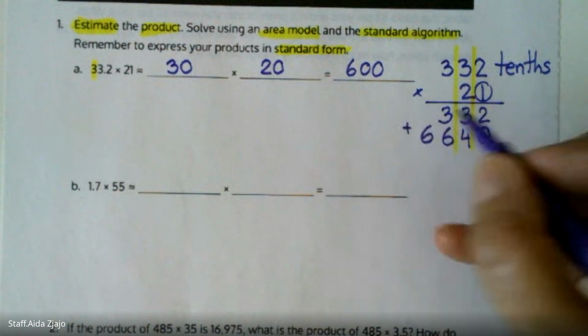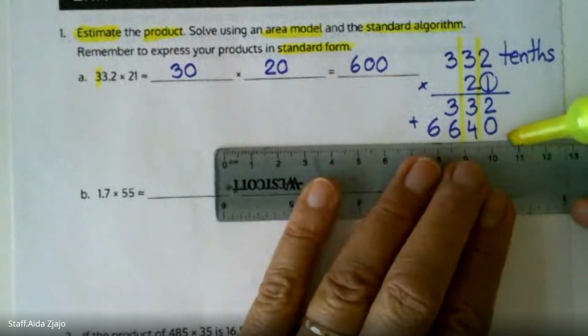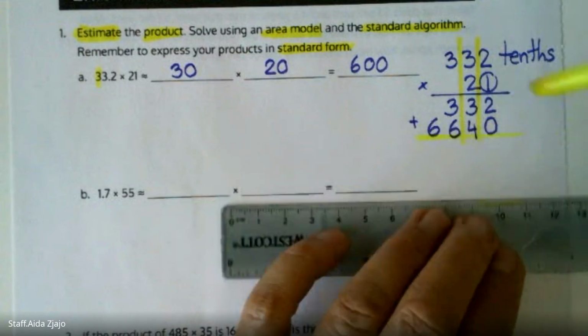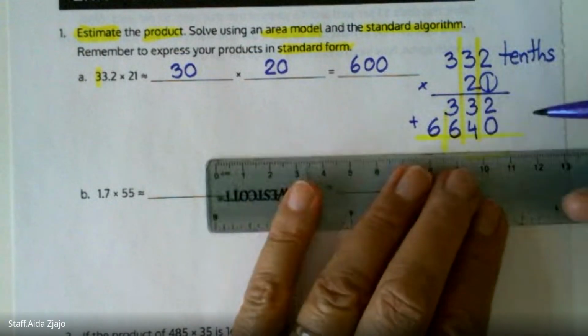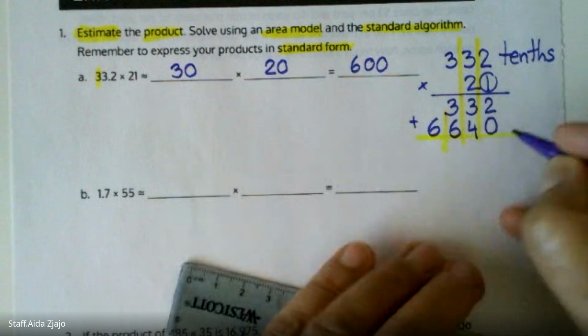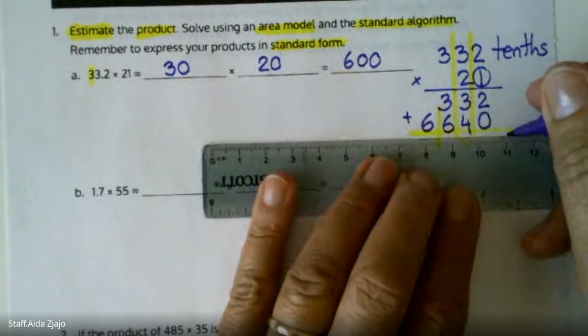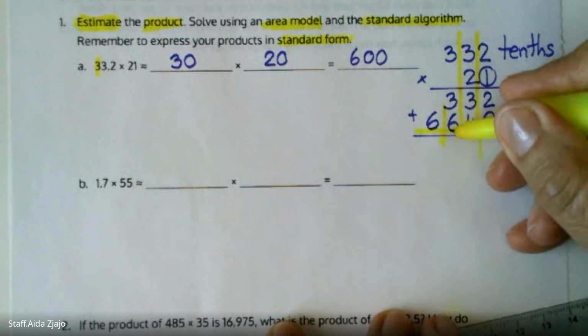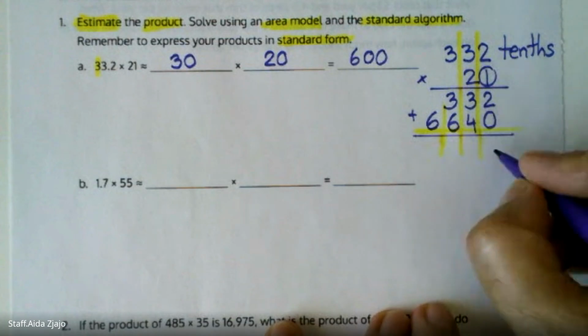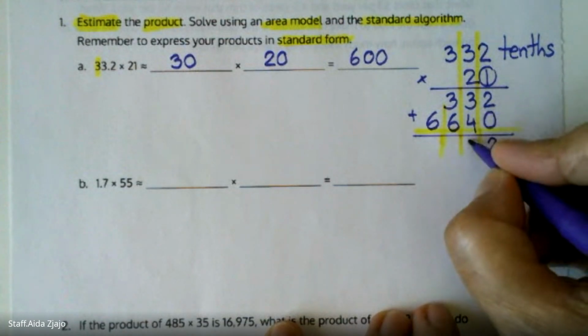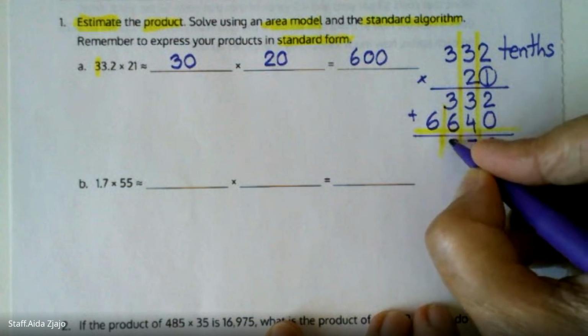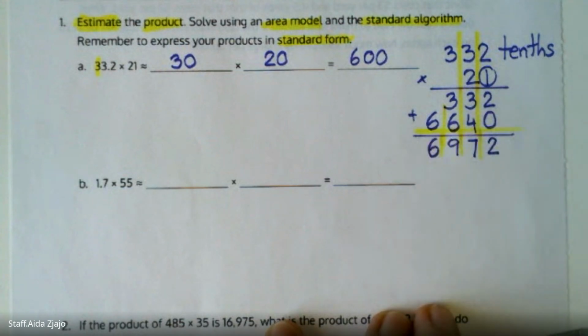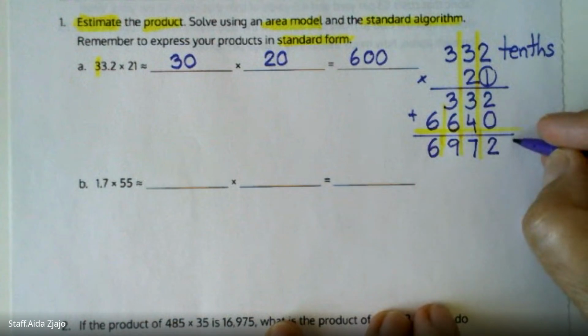So I have to add these. 2 plus 0 is 2, 3 plus 4 is 7, 6 plus 3 is 9, and so now these are the tenths.